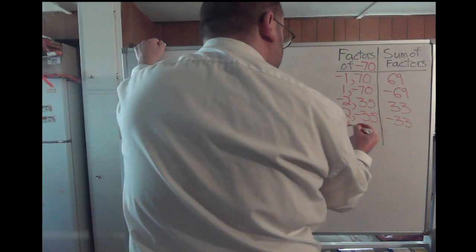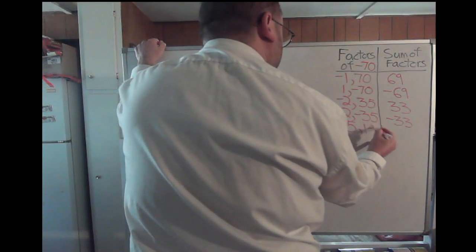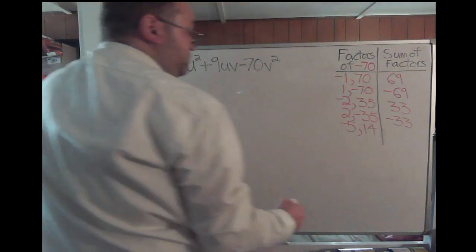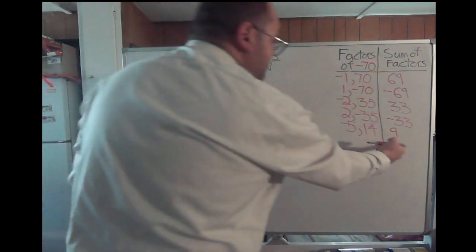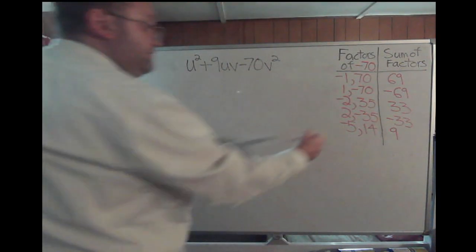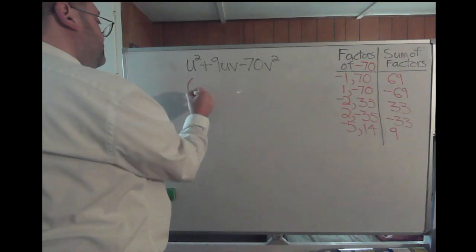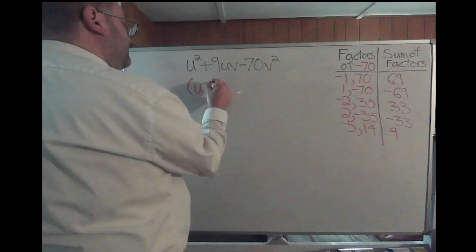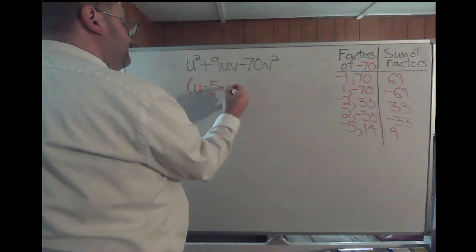Alright, how about negative 5 and positive 14? Those are factors. Well, you add negative 5 and positive 14, you get positive 9. We struck gold, because your middle coefficient should be 9, and that's exactly what you get here with negative 5 and 14 as your factors. So now you'll take the quantity of u minus 5, and since we have a square variable on the third term, it'd be minus 5v.